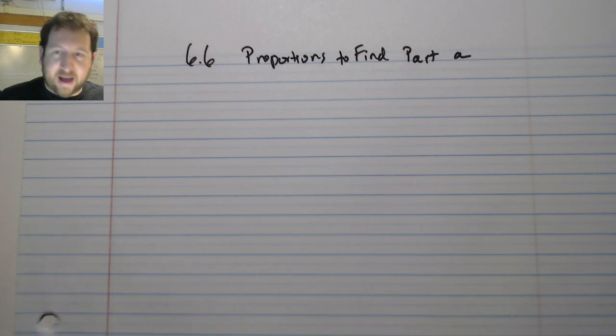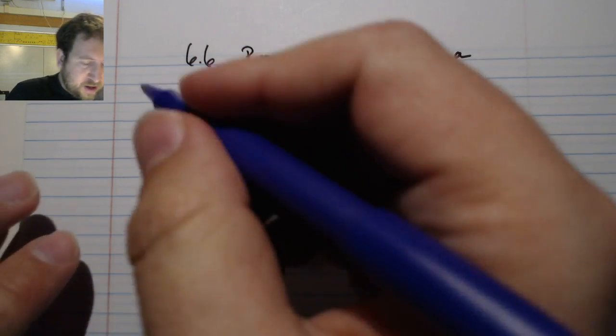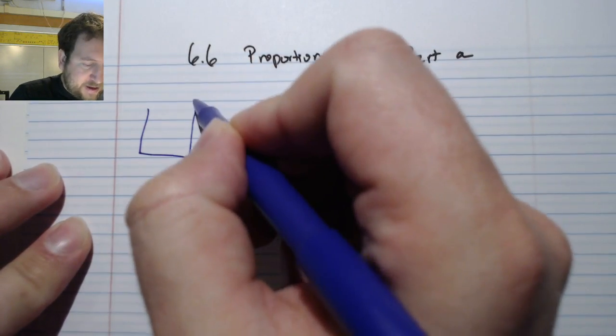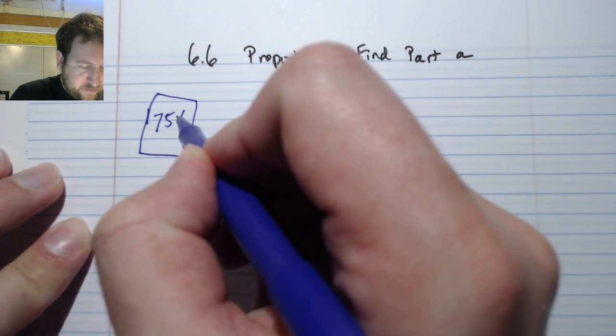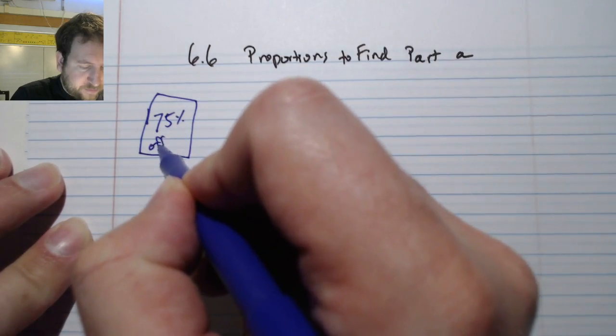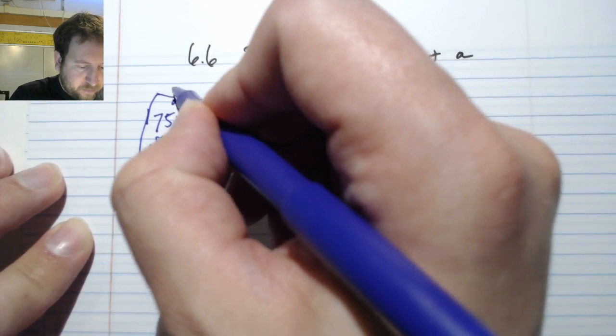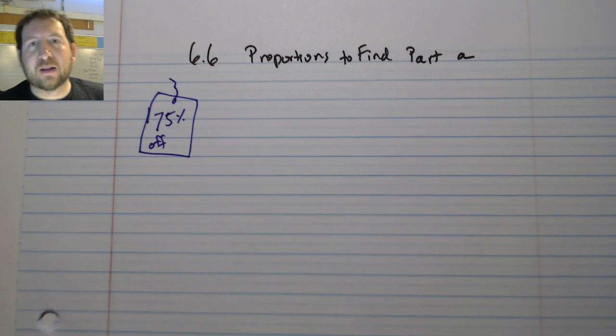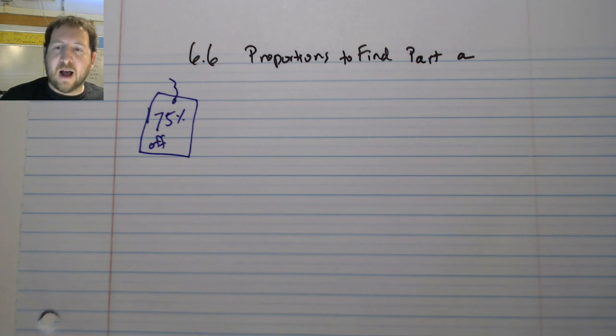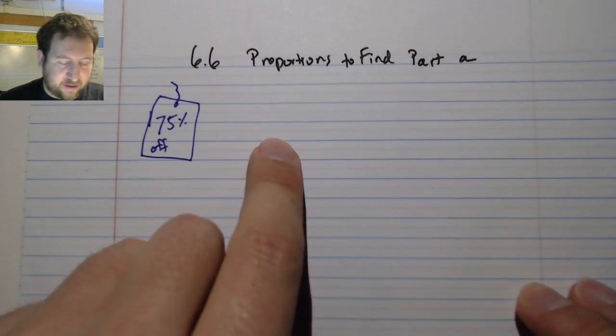Sometimes we see at stores, there's kind of like this tag on things, and it says 75% off, right? And it's kind of attached to something. And the question is, how do we calculate the price on the day after, like a holiday, when you see a lot of these things?